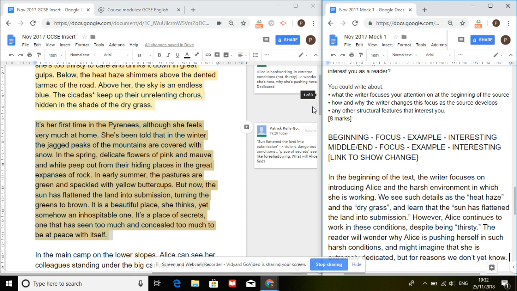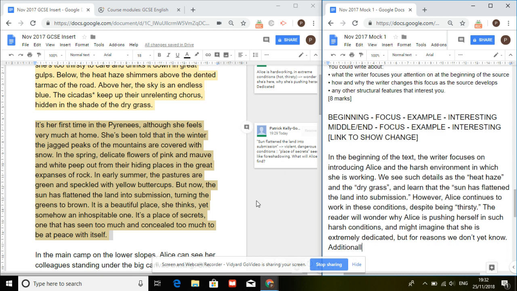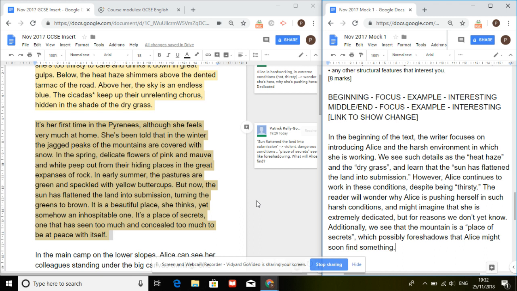Now, I do want to also include this other thing that interests me, this little bit of foreshadowing in there. Additionally, we see that a mountain is a place of secrets, which possibly foreshadows that Alice might soon find something.